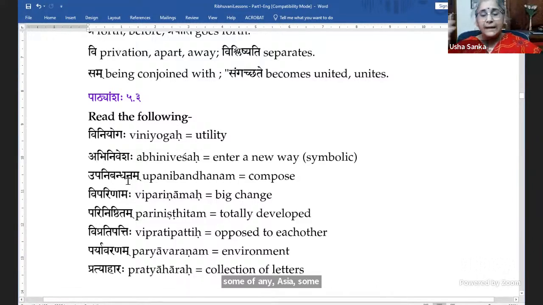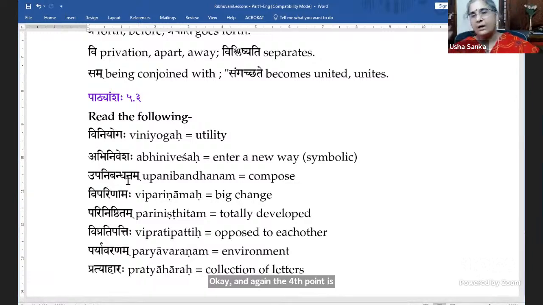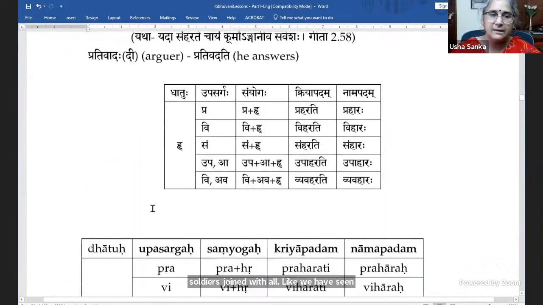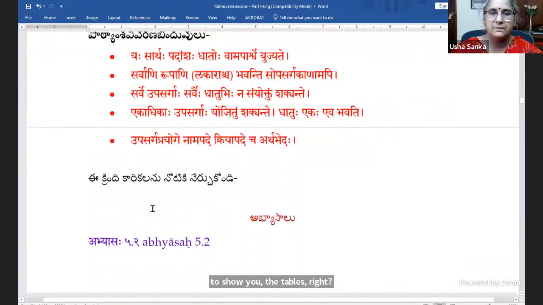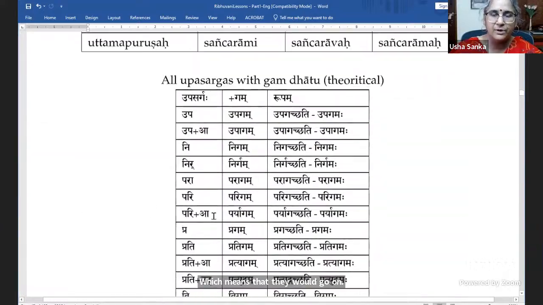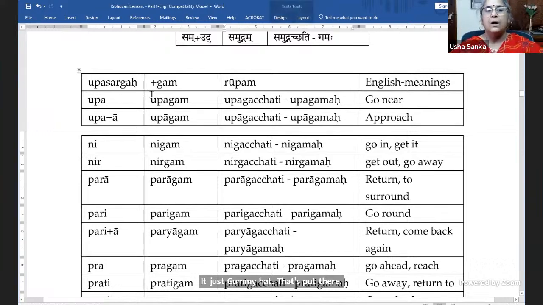And again the fourth point is that not all upasargas join with all dhatus. Like we have seen, I have tried to show you the tables, right? Where is the table gone? Not this one, which has gone ahead, I think. Gam dhatu, I have put there. Yeah, this one, gam. This is what I wanted to show you last time, but I had to finish that part.